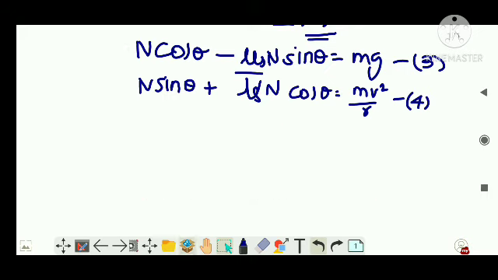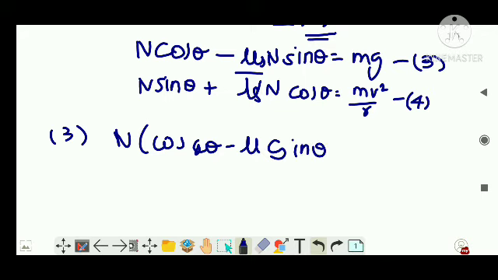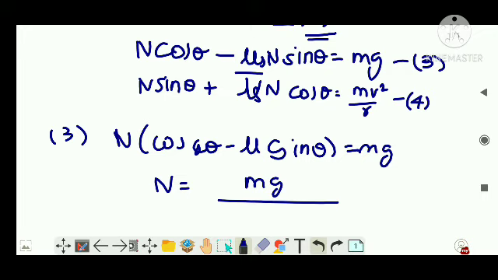Let's bring n common here. That's better. This is the third equation: n times cos theta minus mu sin theta is equal to mg, and from here I can write n is equal to mg divided by cos theta minus mu s sin theta.